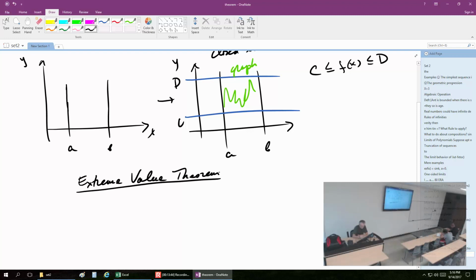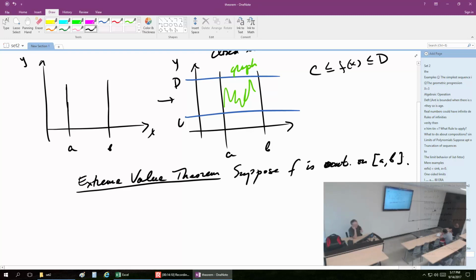This is one of the most usable theorems, short term. The idea is, suppose the function is once again continuous. Suppose f is continuous on [a, b].